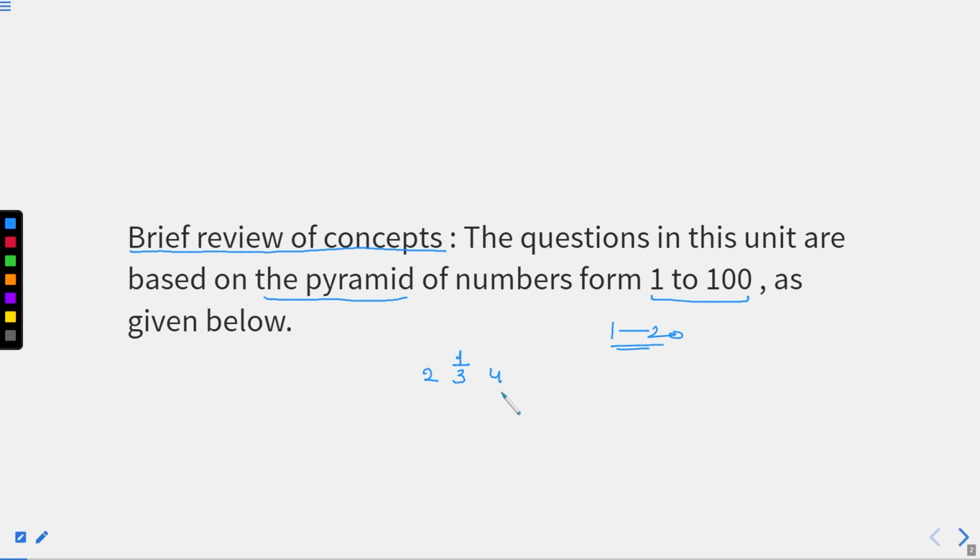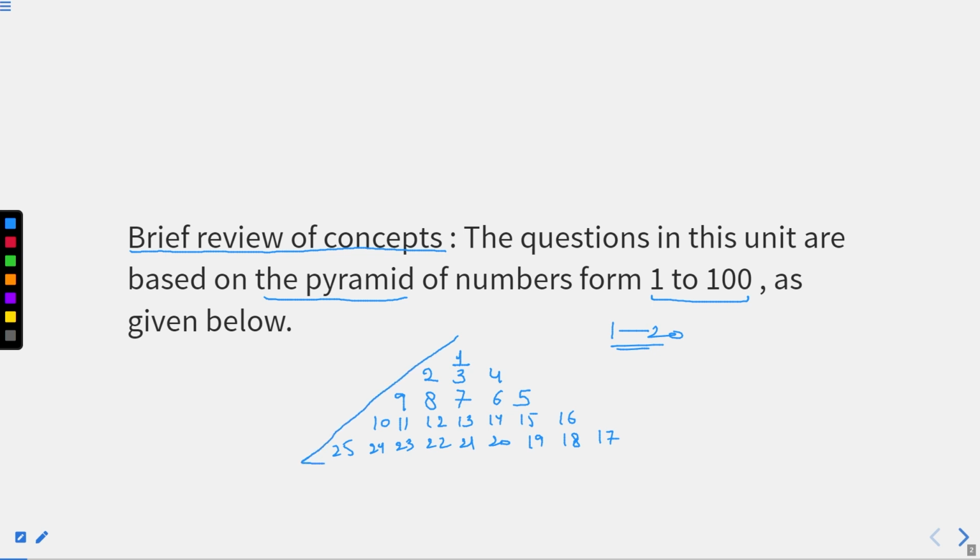If we move this time from the other side, it will be 5, 6, 7, 8 and 9. Then again 10, 11, 12, 13, 14, 15, 16, so on, 17, 18, 19, 20, 21, 22, 23, 24 and 25. You can see it starts taking the shape of a triangle.